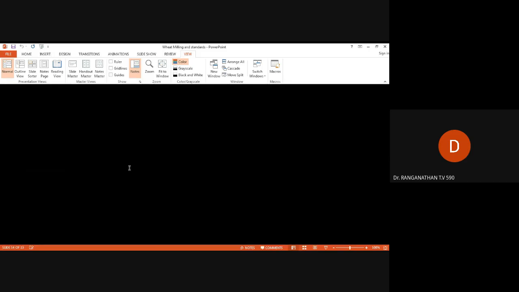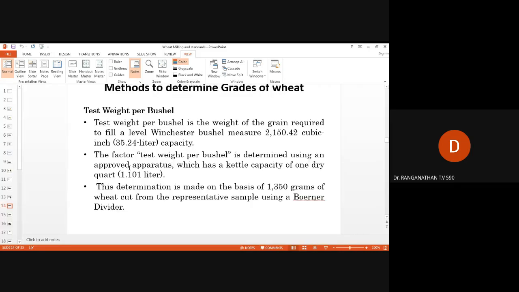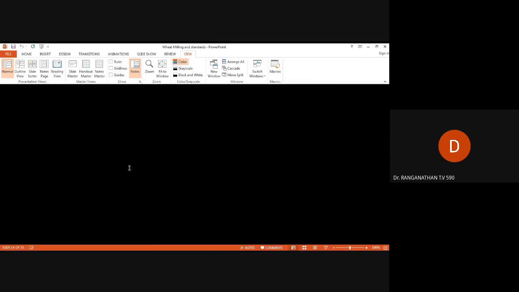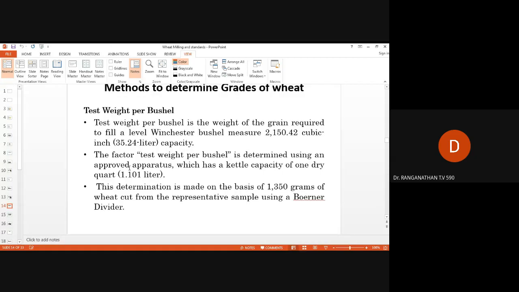Now, what is the significance? I already told you, some of the varieties have a lower density. And one more thing, if you consider the raw and the mature varieties, in the case of raw rice or raw wheat, since the structure is just formed, there will be a lot of space available, vacuoles as you call. So this means that the number of grains for a particular weight will be more.